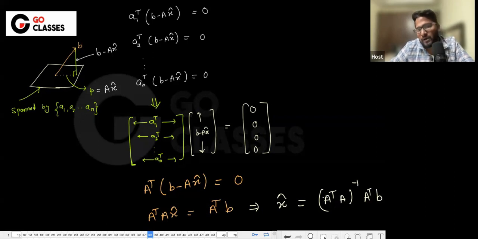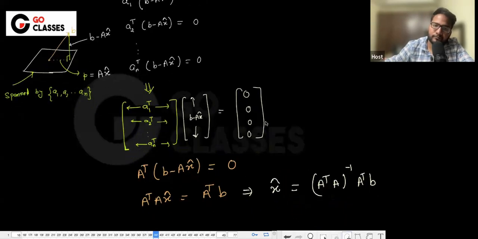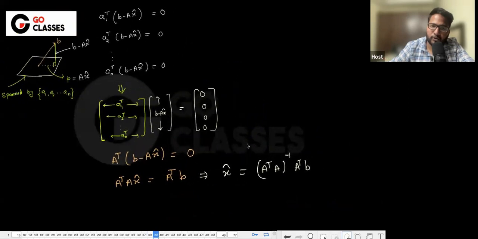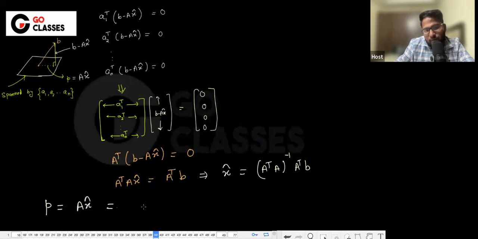Once you got the x cap, what is the next step? Can you get the projection? Yes, right. So the projection p equals A x cap, which is nothing but A (A transpose A) inverse A transpose b.